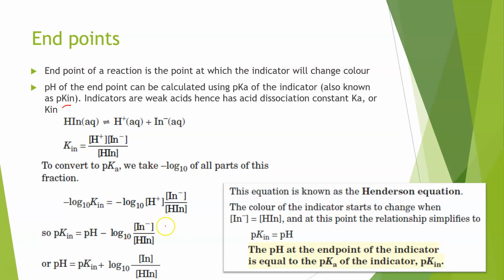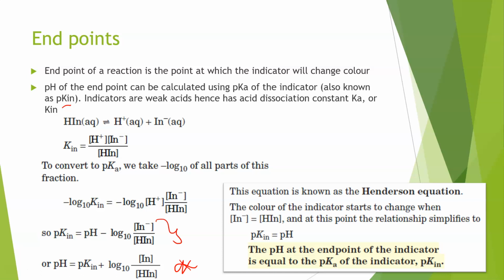Essentially this means that the pKIn is going to be equal to the pH minus log 10 of the In over HIn concentration. So we can derive this equation here, which is that the pH is equal to the pKIn plus the log to base 10 of the concentration of the indicator over the concentration of the protonated indicator.